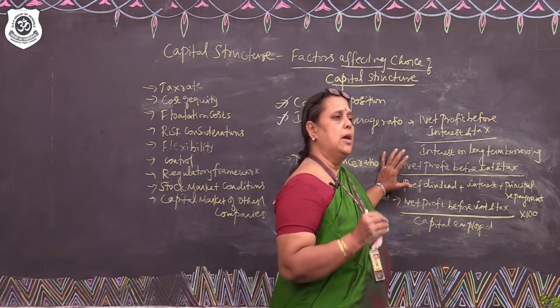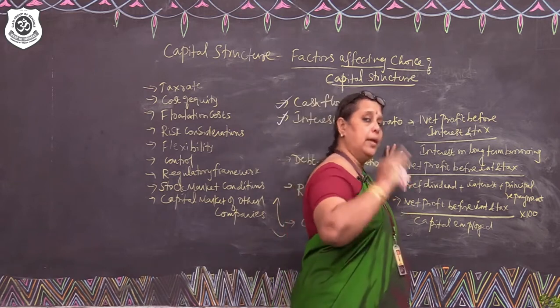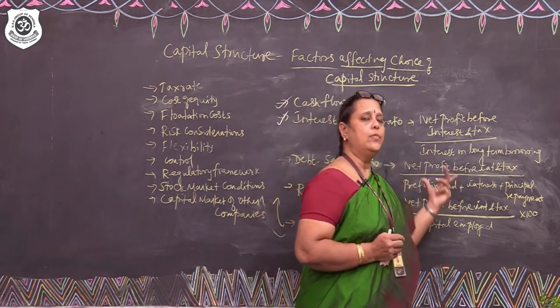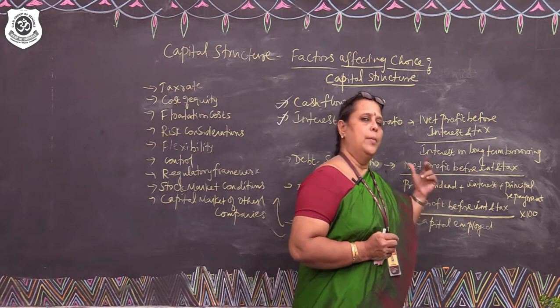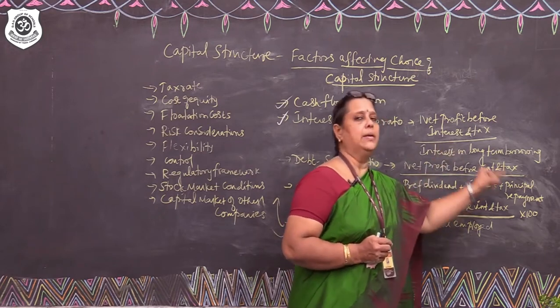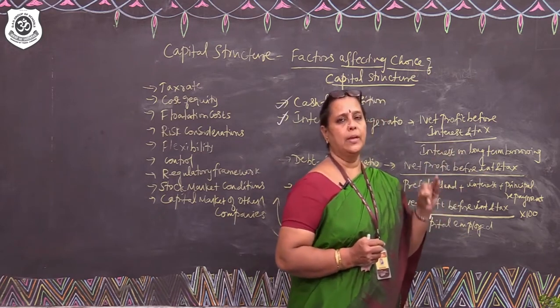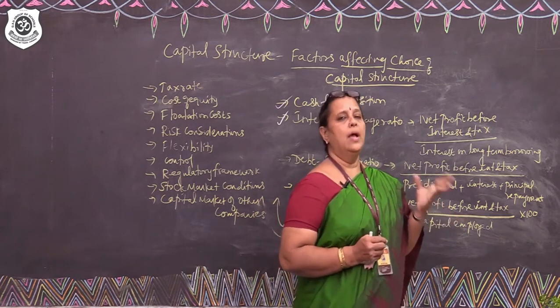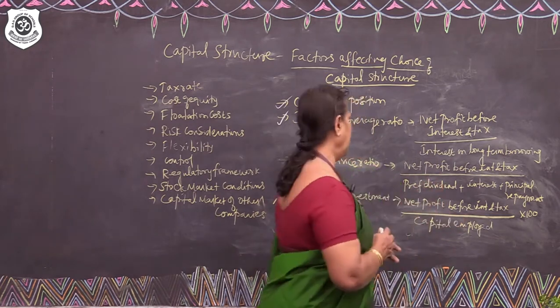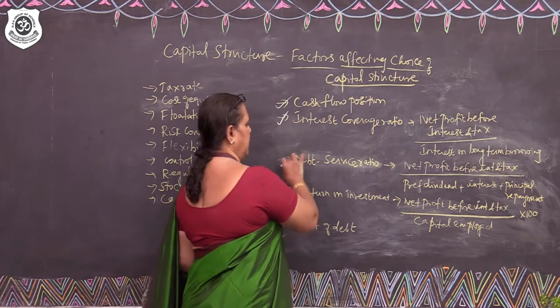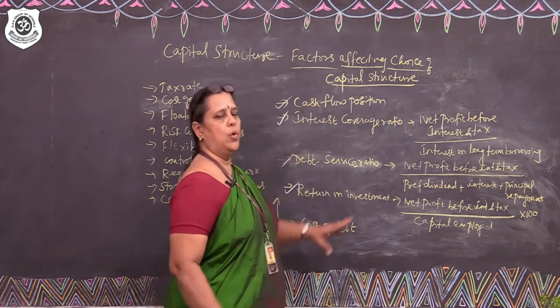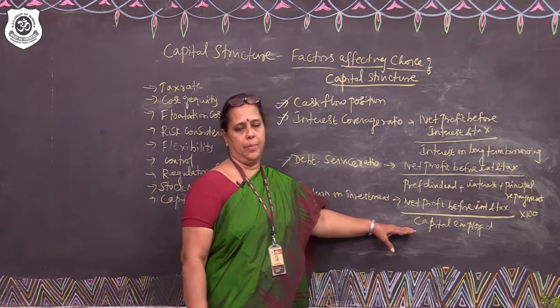So, in this case, if the debt service ratio is higher, greater is the ability of the company to meet the principal repayment and the interest commitment. So, the company can confidently employ more debt and less equity. The next is return on investment. Return on investment talks about the overall profitability of the company.